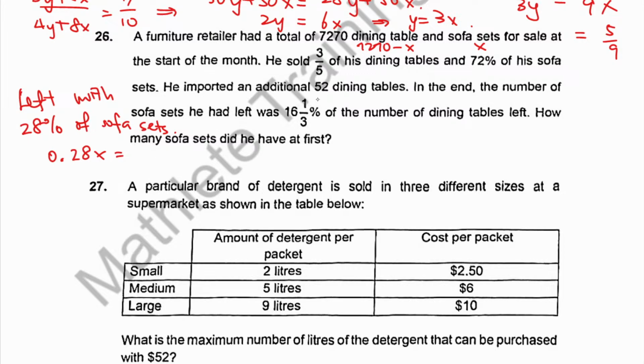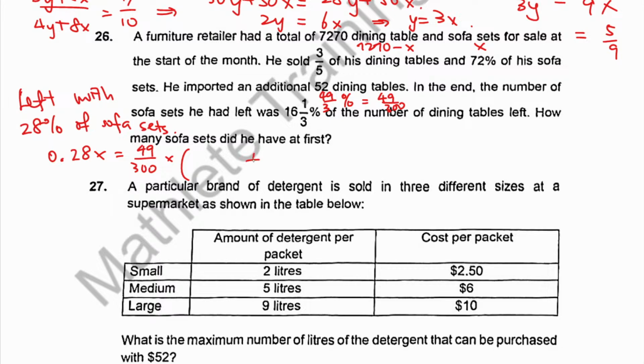This is equal to 49 over 3%, so that is 49 over 300, times the number of dining tables left.